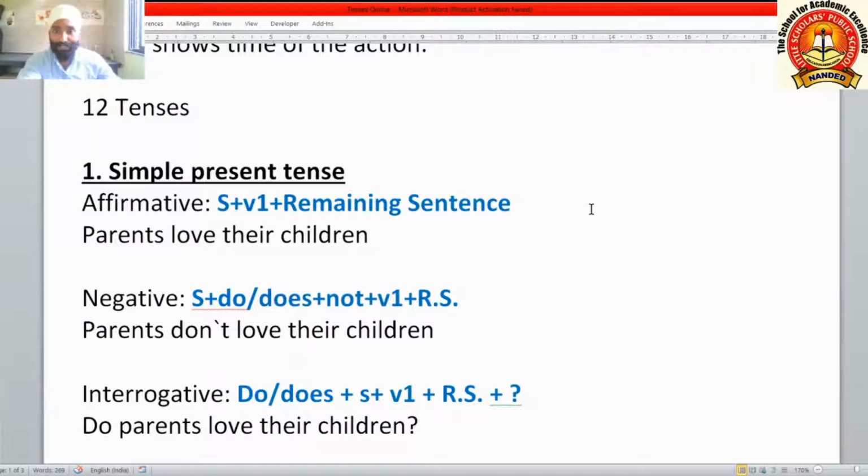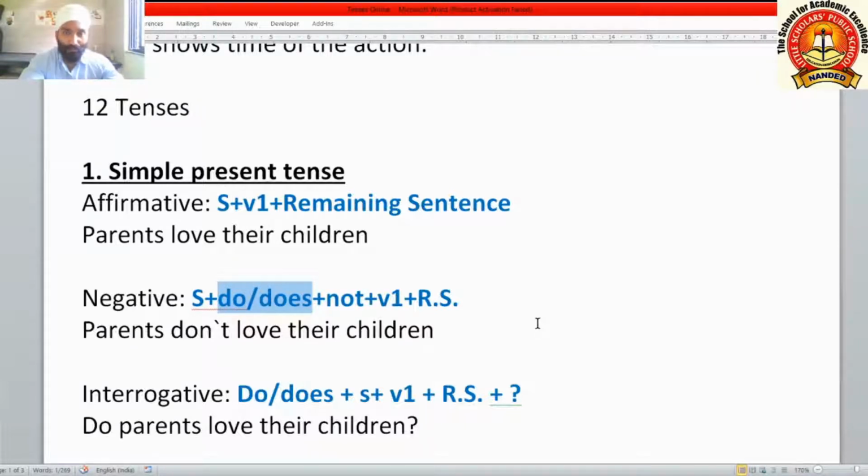This sentence we will see in negative form. Subject plus do/does plus not plus verb with the first form plus remaining sentence. Here we have used do/does as the helping verb. In negative sentences of simple present tense, we have to use do or does as the helping verb depending upon the subject.